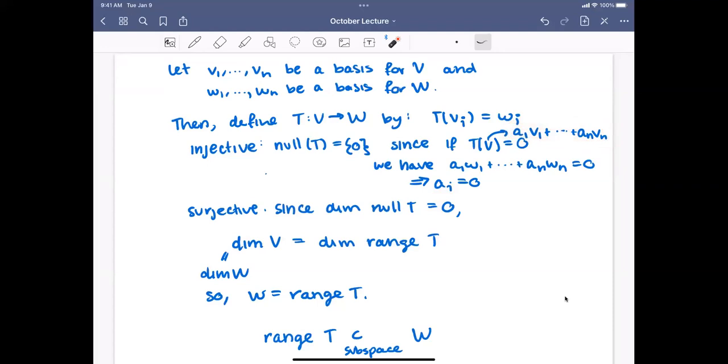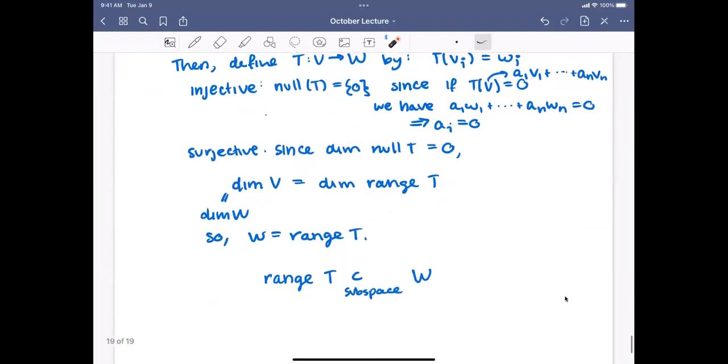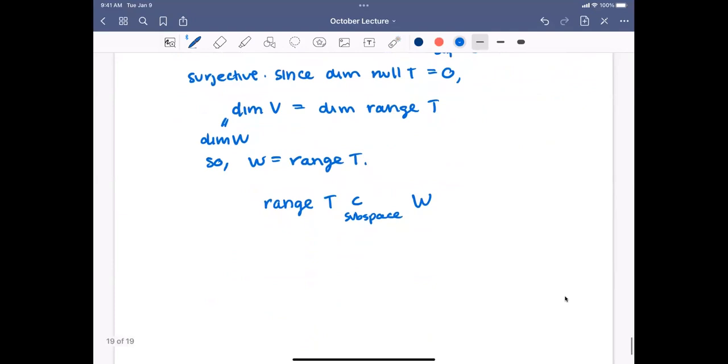Other questions? Okay, so then the corollary of this theorem is the thing that I told you at the very beginning of the semester.